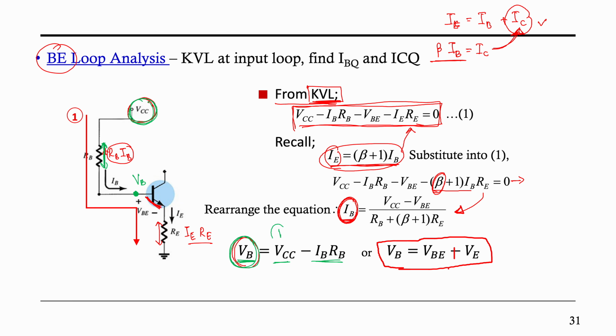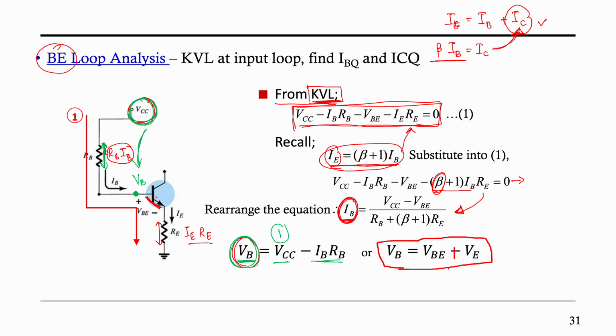That is one way. Another way is, if you are able to take from the above part, knowing the potential difference between VCC and the voltage difference here, then you will get the value of VB.